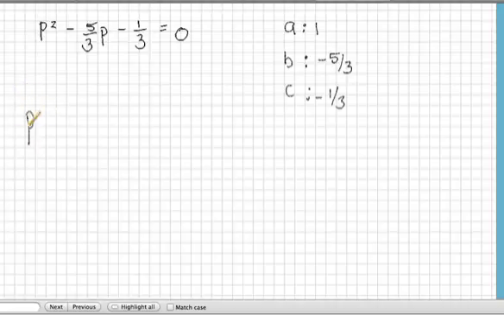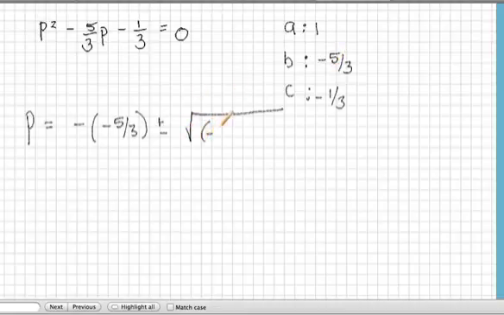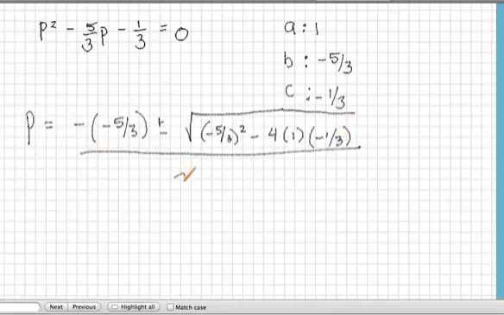So the quadratic formula will give us what P is equal to, and it is negative B, so negative 5/3, plus or minus the square root of B squared, so this is going to be negative 5/3 squared, minus 4 times A, which is 1, times C, which is negative 1/3, all over 2A, so 2 times 1.